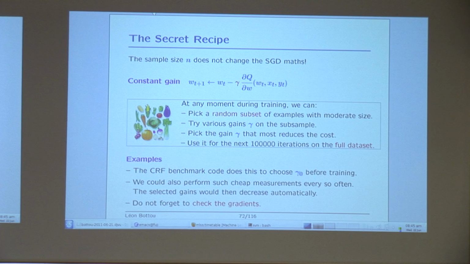And after 100,000 iterations, or 1 million iterations, I mean 1 million examples, well, you stop and you do it again. It's very silly. So in my benchmark code, I do that at the beginning, and then I have a 1 over t. That's also a good way to check the gradients. I don't know how many times I got the gradients wrong before I wrote that thing.